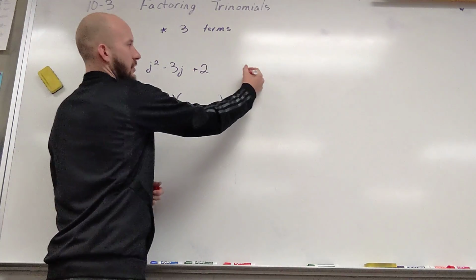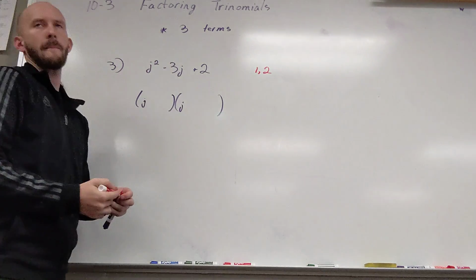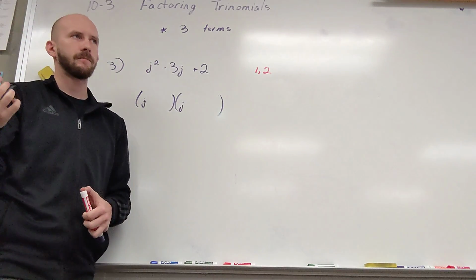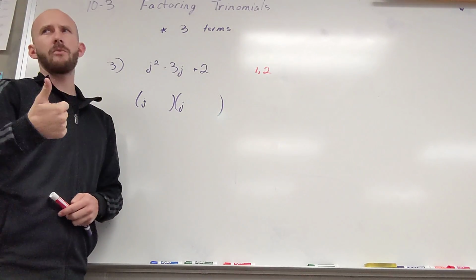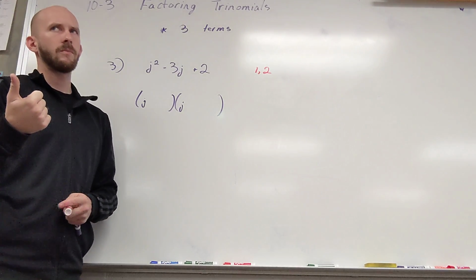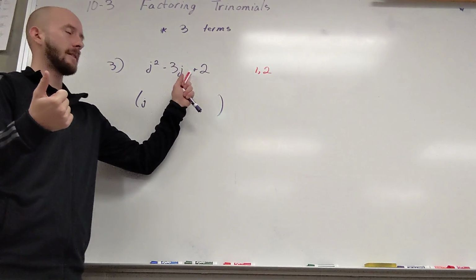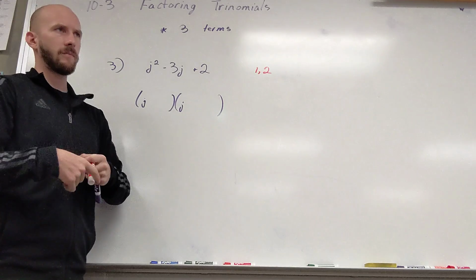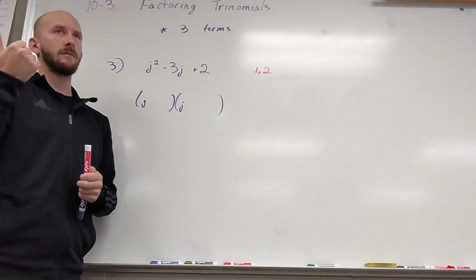So think about your factors of 2. 1 and 2, right? That's it. Okay. Can one of them be negative, one of them be positive? Nope. Well, if I had one negative, one positive, they would multiply to be a negative number, right? Okay. So that means they have to both be negative.